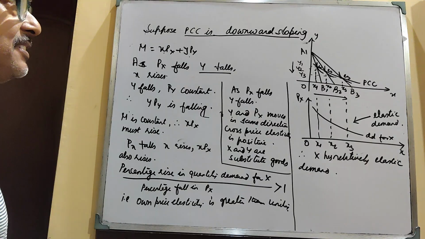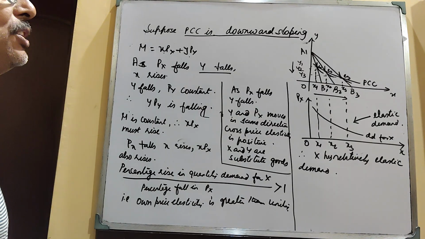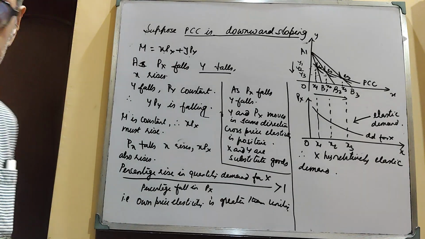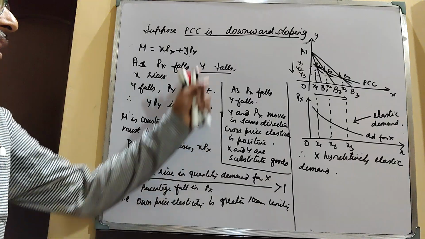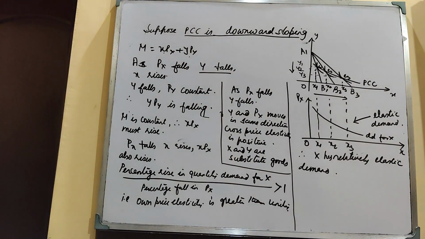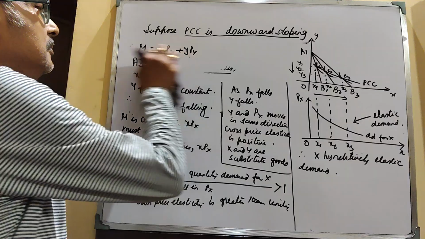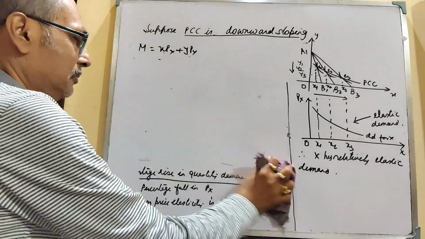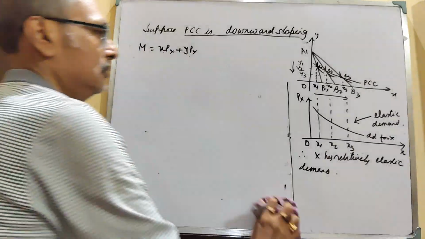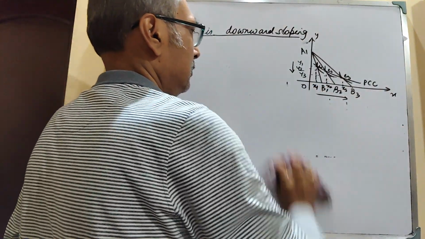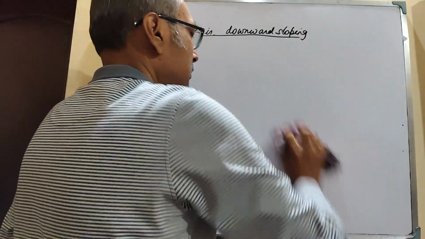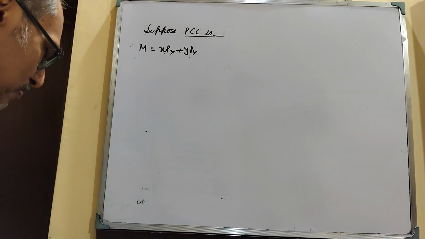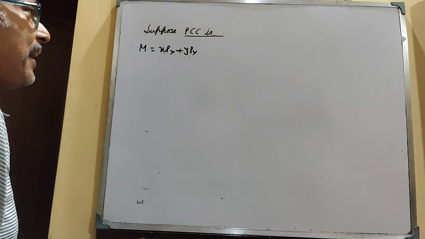Now, we consider the PCC for a given good. I hope everybody understood this part, that is, the PCC is downward sloping. In this case, it is called PCC is backward bending.